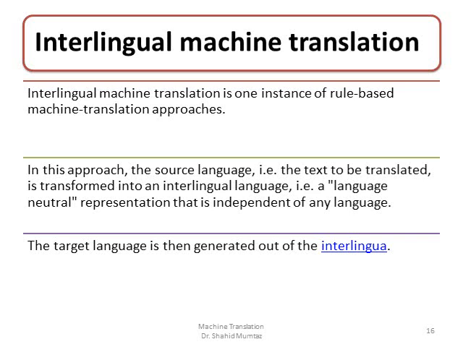The target language is then generated out of the interlingua. First, the source language is represented in a language-neutral form, and then from that the translation is generated.